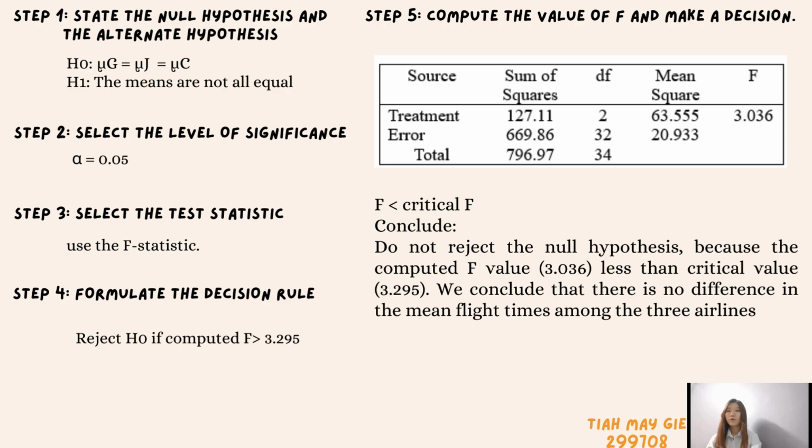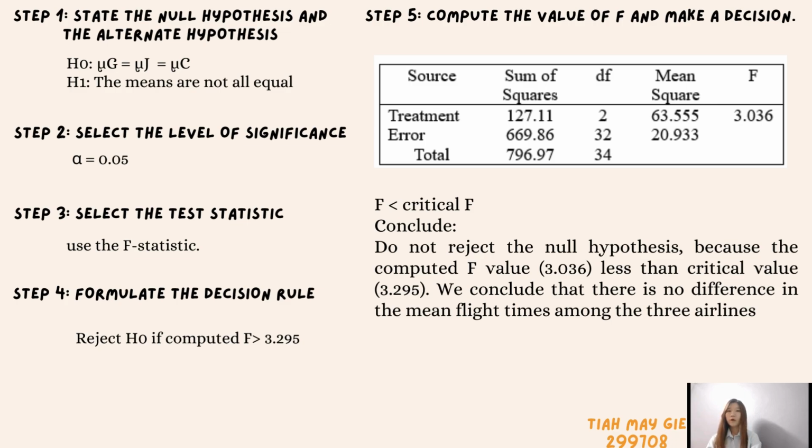We can get the sum of squares of treatment, which is SS total minus SSE: 796.97 minus 669.86 equals 127.11. And DF is 34 minus 32, which is equal to 2.